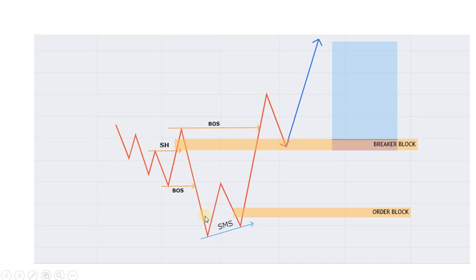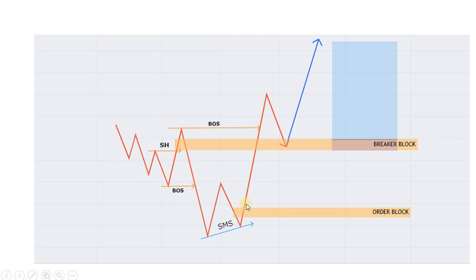We expect price to return to origin so as to continue the bearish move downwards, but instead price made a shift in market structure, and then instead of reacting at this order block, broke through the order block, and this break of market structure was sponsored by an order block at this location.